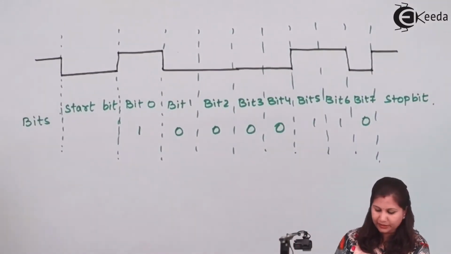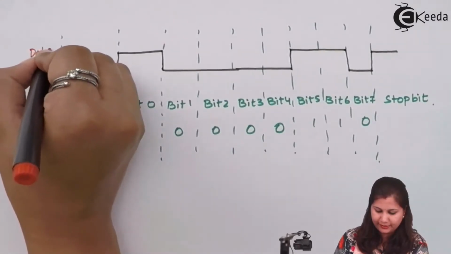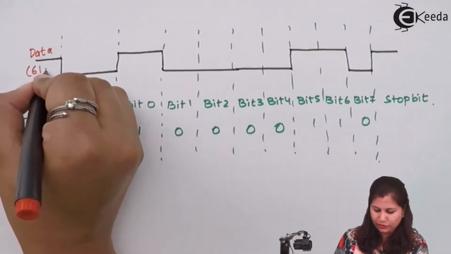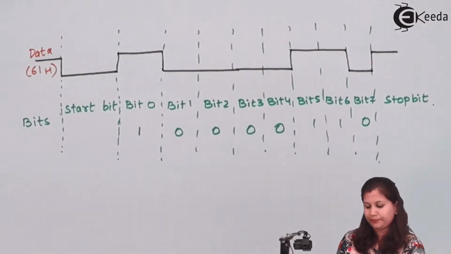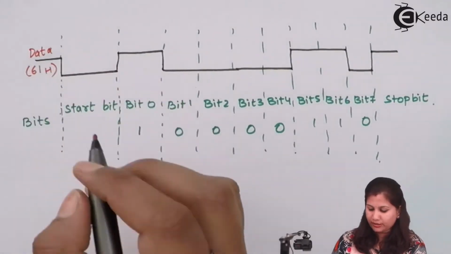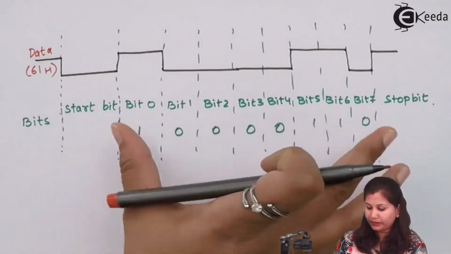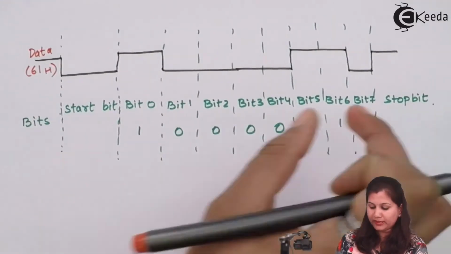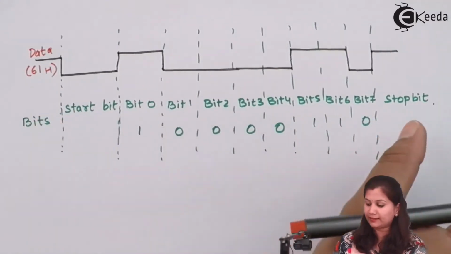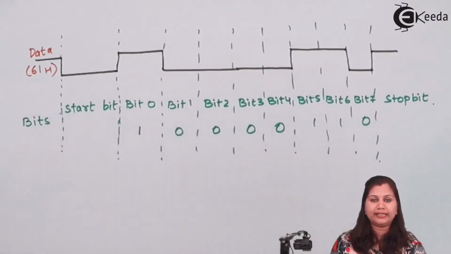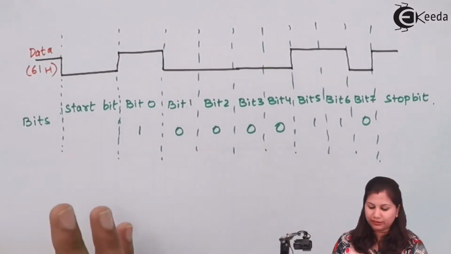Here we are transmitting the data which is again 61H. Along with that data, we are transmitting two bits which indicate the start and the stop, the beginning and the end of the data.